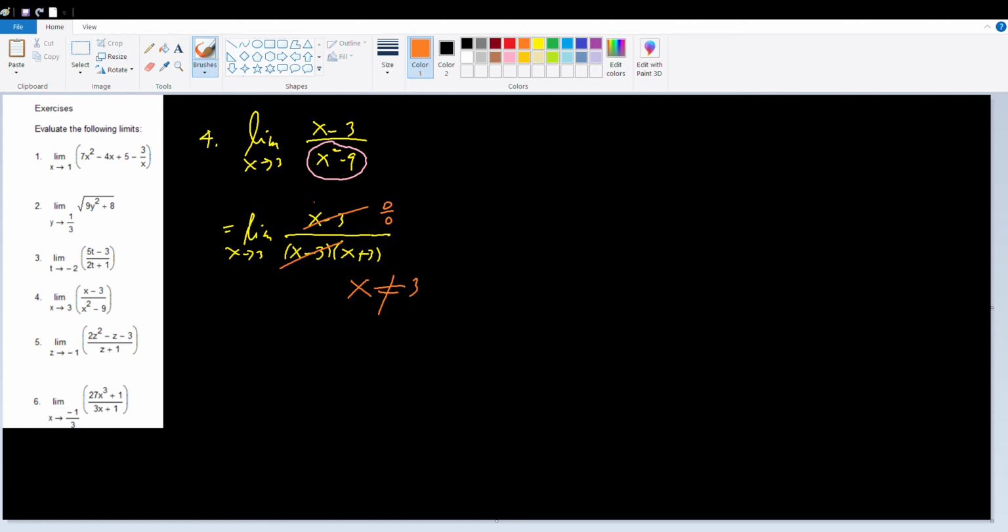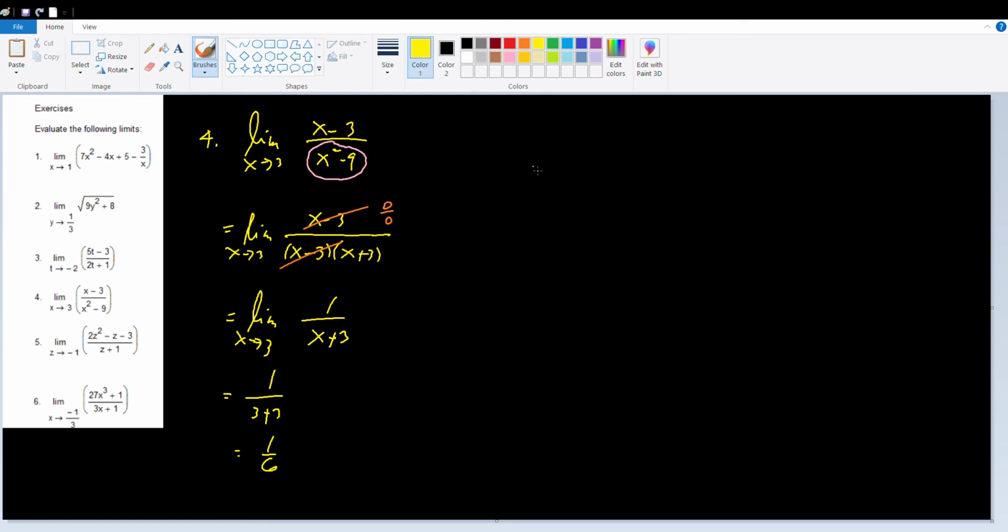So what happens is that the function reduces to 1 over x plus 3 as x approaches 3. Now, we apply the substitution method. So 1 over 3 plus 3, and that is 1 over 6.